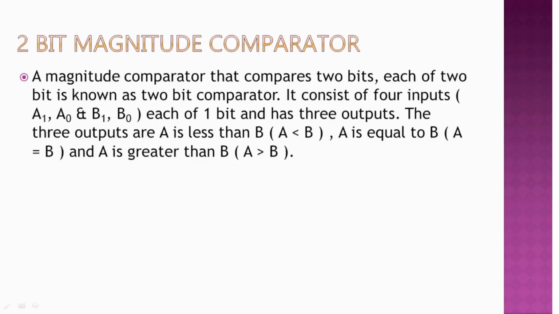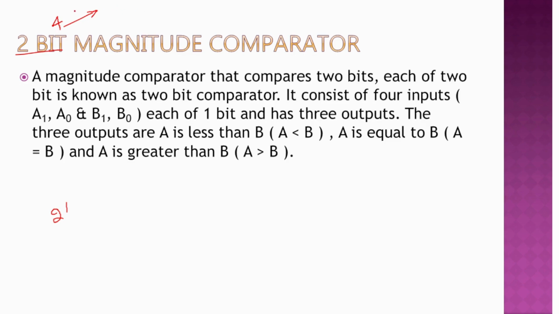The next comparator is the 2-bit magnitude comparator. In the 1-bit magnitude comparator, you have two input variables. In the 2-bit magnitude comparator, you have 4 input variables, but the output will be the same as the 1-bit magnitude comparator.